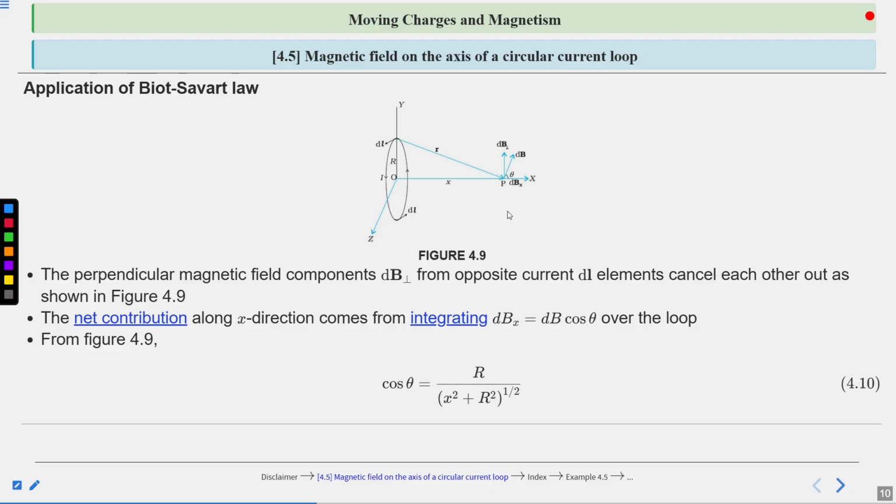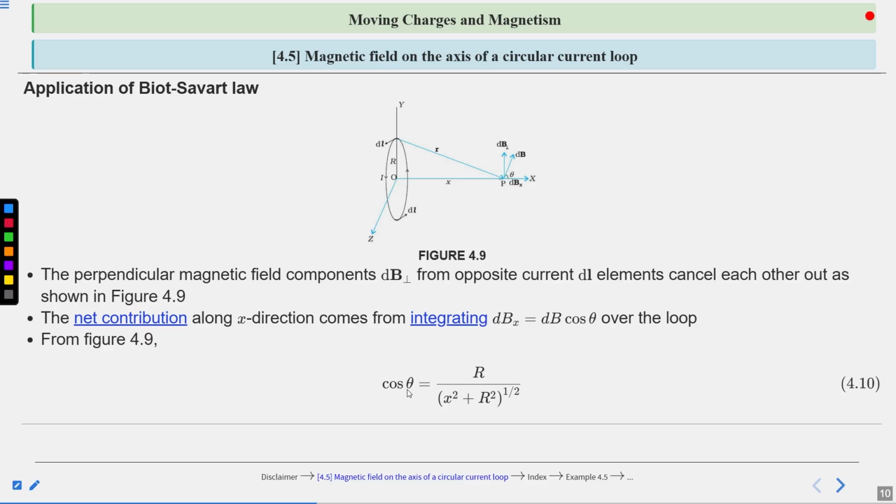Also, by using geometry, you can find that the angle between dB perpendicular and this r is also theta. So we have to find the cos theta for this theta.